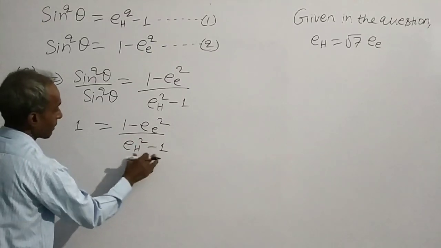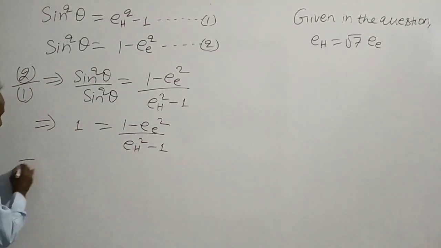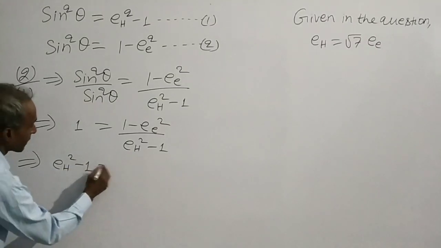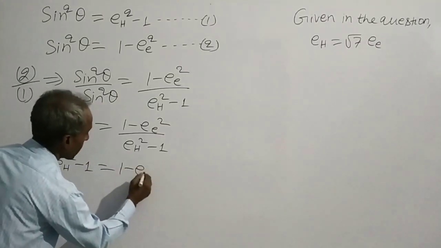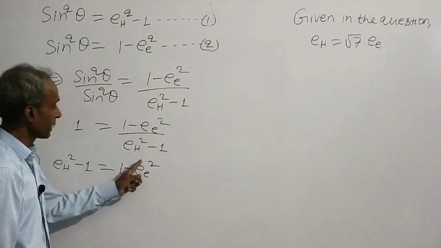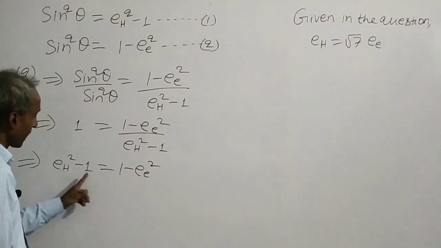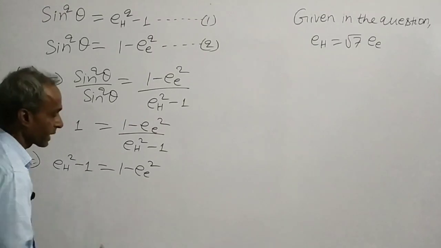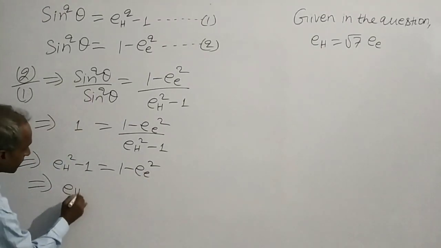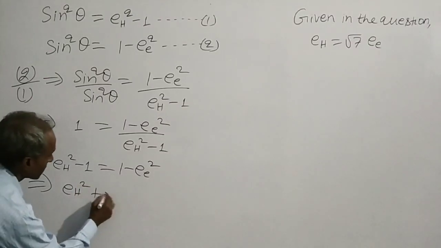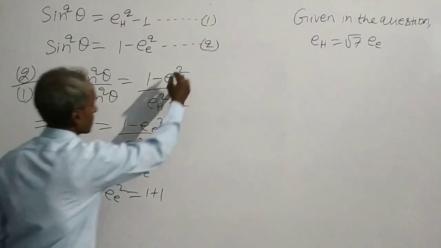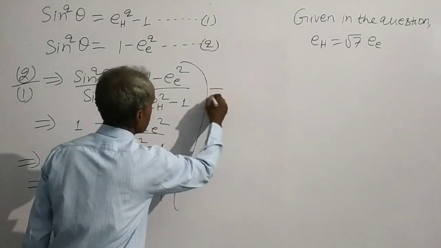Shifting eh square minus 1 to the left hand side, we get eh square minus 1 is equal to 1 minus e square. Shifting e square to the left hand side and the 1 to the right hand side, this implies eh square plus e square is equal to 1 plus 1.